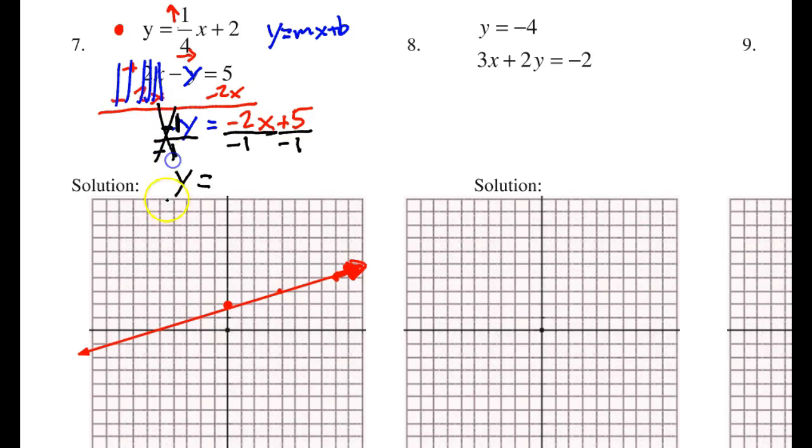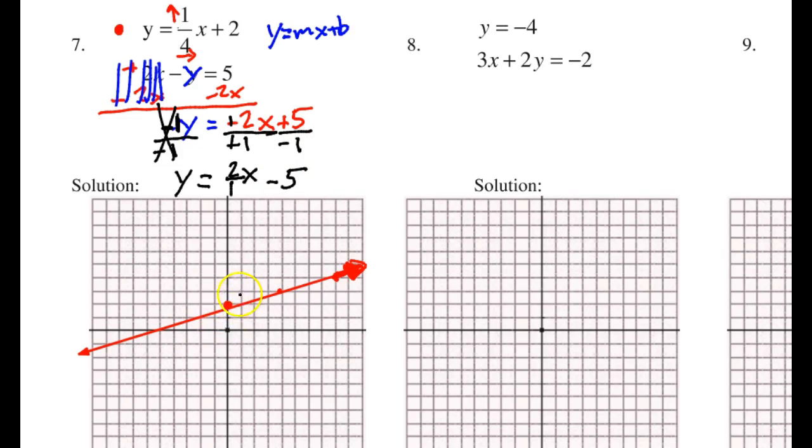Let's cancel out. Negative 2 divided by negative 1 is 2, and you can make that 2 over 1. Negatives cancel out, 2 over 1. And 5 divided by negative 1 is minus 5. Positive divided by a negative is a negative.